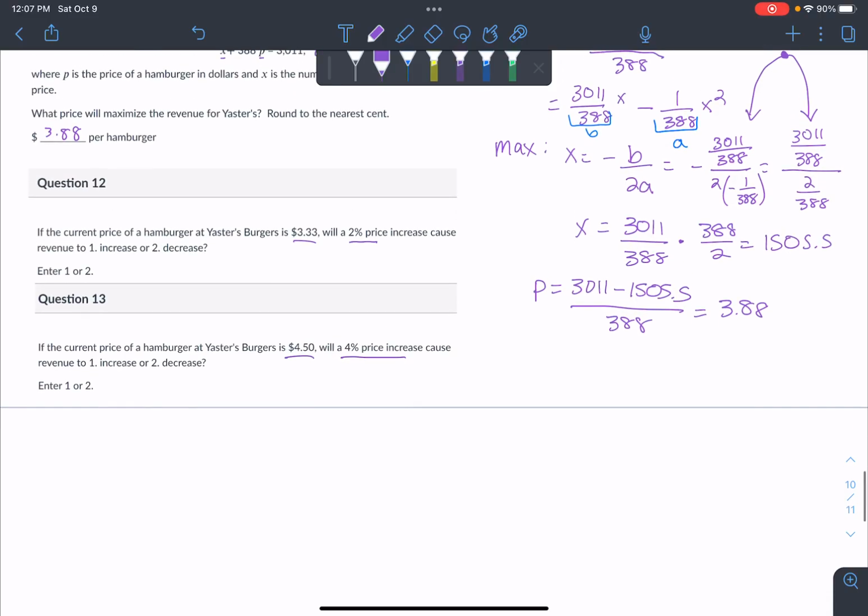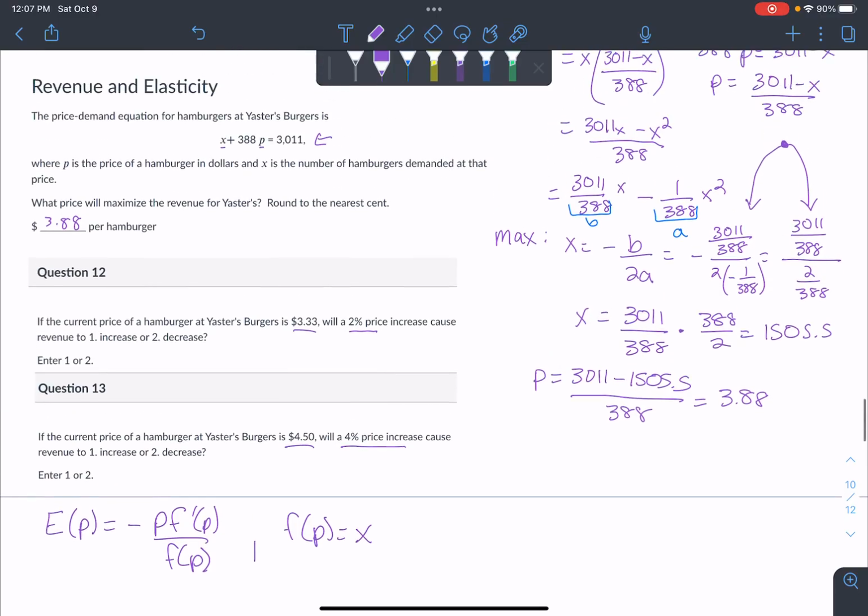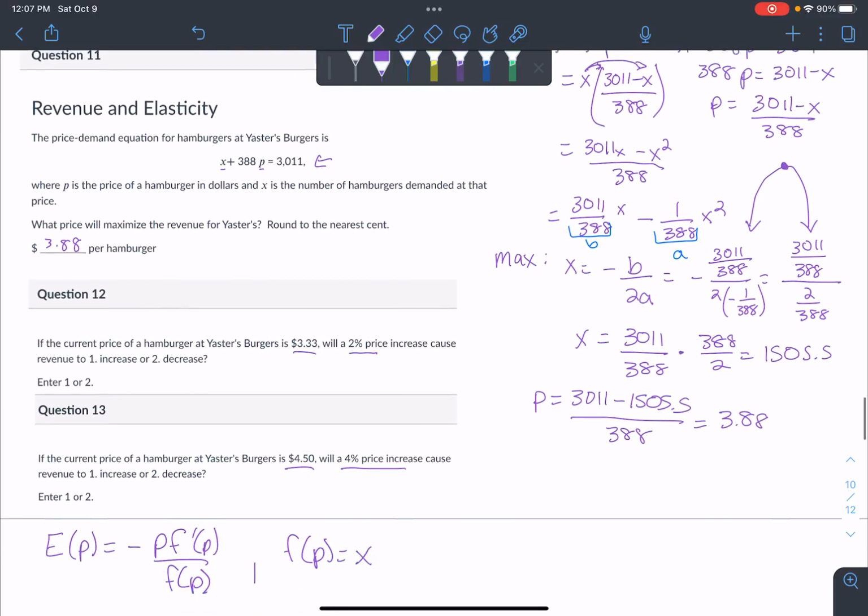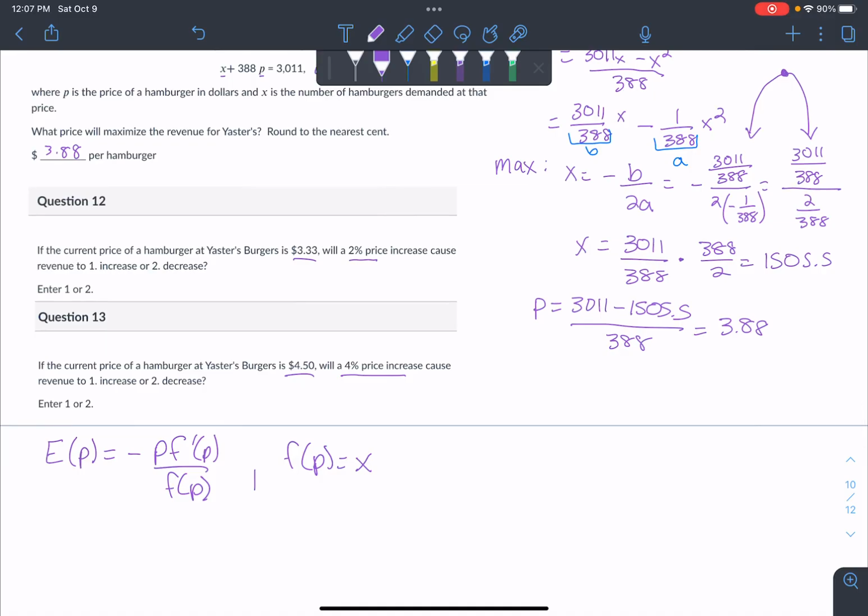So we need to find our elasticity of demand function, E of P, and this is equal to negative P times F prime of P over F of P, where my F of P is equal to my X. And we didn't find that yet, so we'll have to find that real quick.